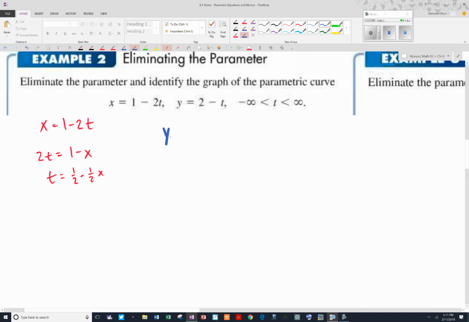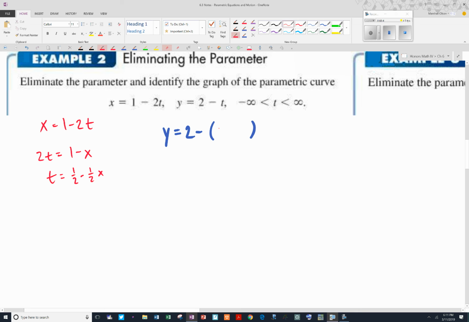So the other function is y equals 2 minus t, but for t, I'm going to put in this guy right here. If I'm going too fast, if you don't see how I got something, please pause the video and take a second to solve this for t. I'm sure you'll come up with that same thing right there. I don't think I made any mistakes.